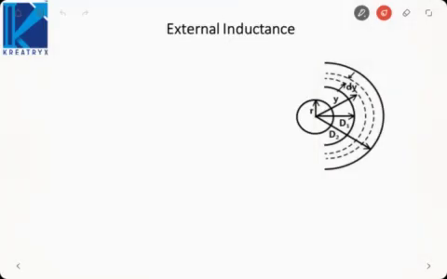Similar to this, the magnetic field produced outside the conductor will link the conductor, and that is called external flux, and the inductance due to this is external inductance. Now again I am considering a loop of radius y and thickness dy. Proceeding in the same manner, we first determine H dot dl is current enclosed.